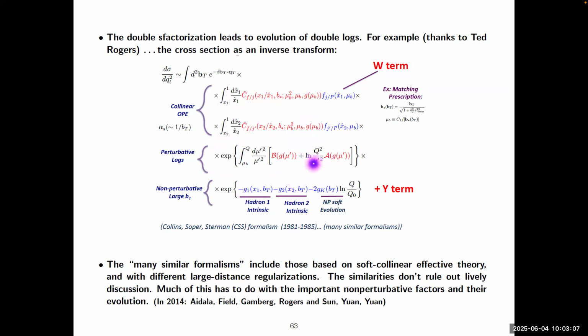So we get an exponential of some integrals here. There's a function A, which sometimes goes by the name of the cusp anomalous dimension. This is just copied out of one of Ted Rogers' slides.